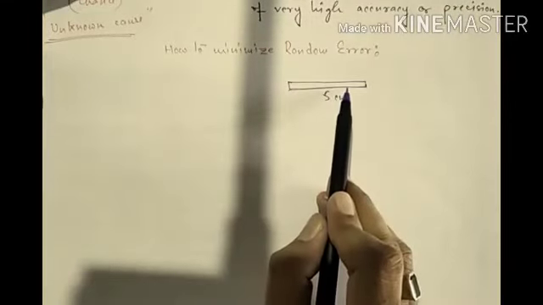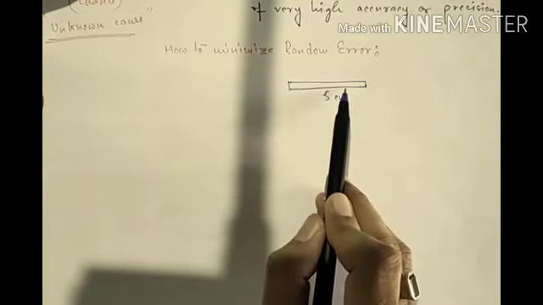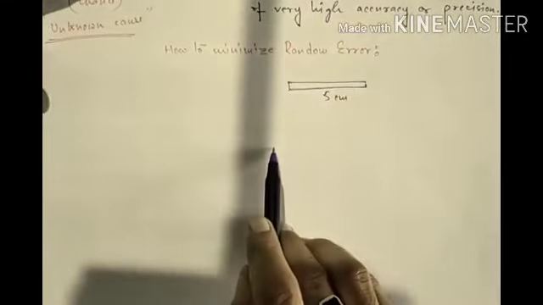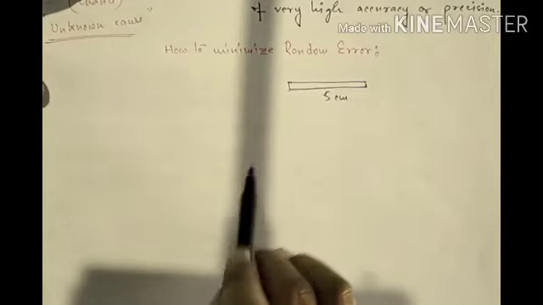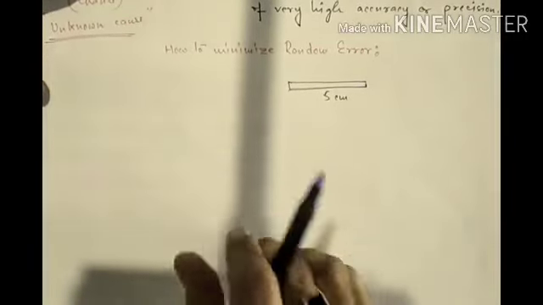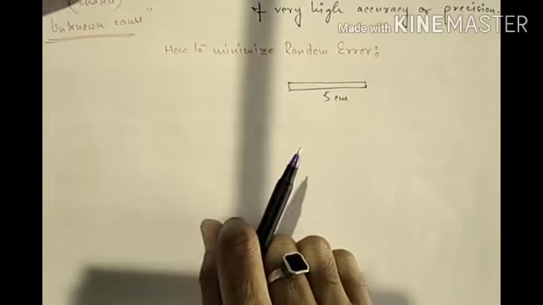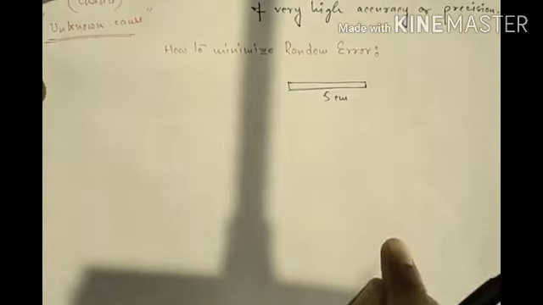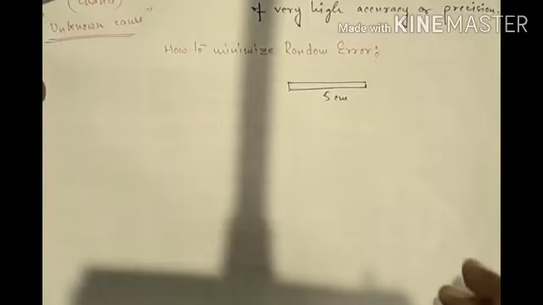But this 5 centimeter I have not given to you. This 5 centimeter is already just known to me. None of you know what is the actual length. So some of you will come up with results like 4.9, 4.8, 5.1 centimeter. Now whose measurements should I consider to be very accurate? The one which will have very, very small random error. Now how to reduce?